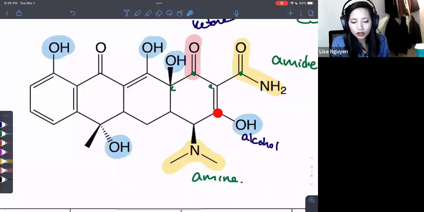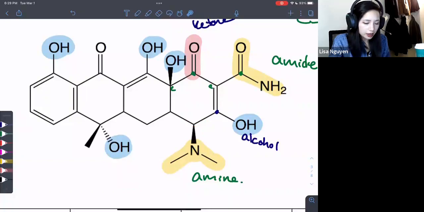This alcohol is a secondary alcohol because the carbon it's attached to is attached to two other carbons. So this carbon is attached to two other carbons, so it's secondary. This OH over here is a tertiary alcohol because it's attached to three other carbons.